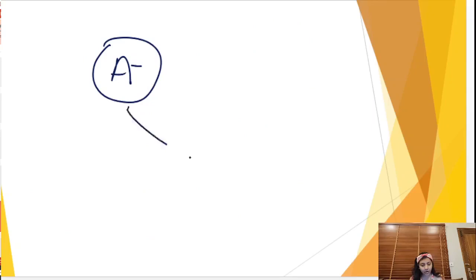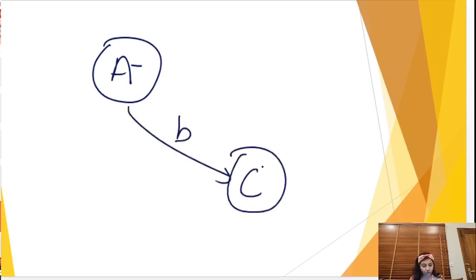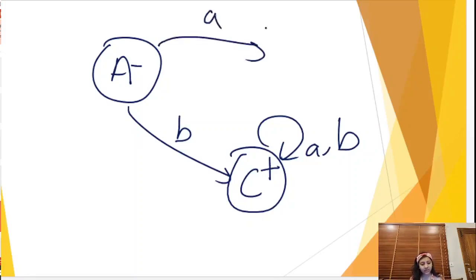Let's say I'm on my initial state. On receiving a single B, I make a move to state C, which is my final state. On receiving any number of A and B, I remain here only. On receiving A, I make a move to some state B. Right?